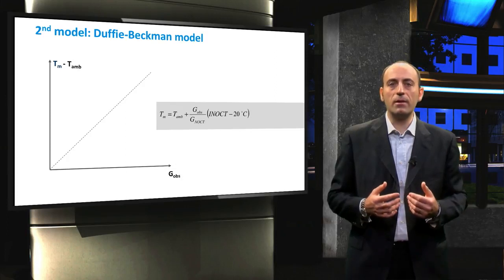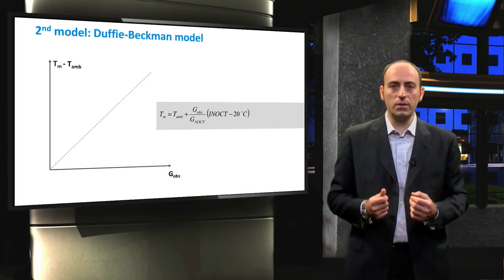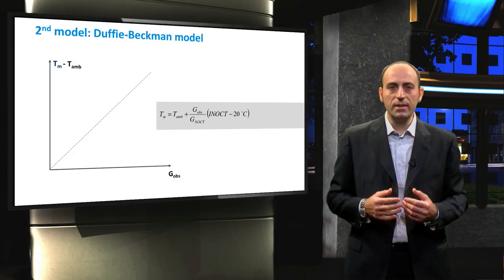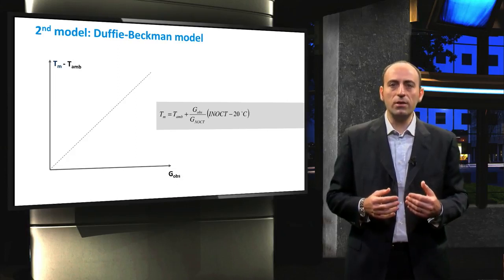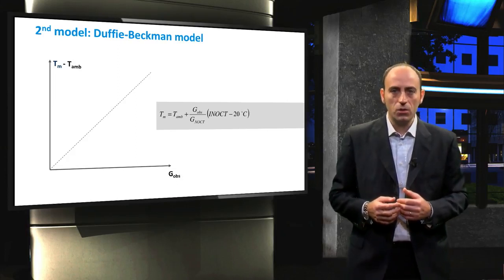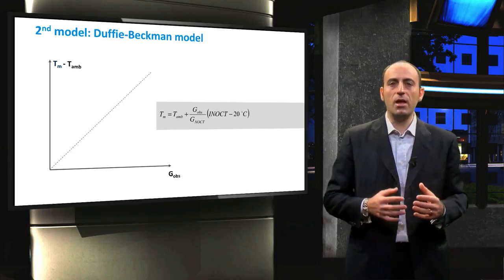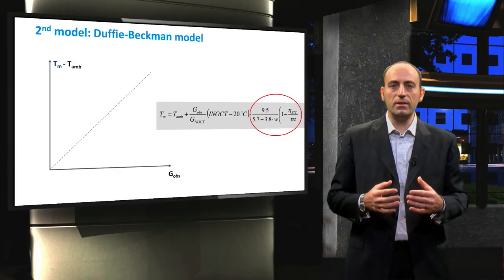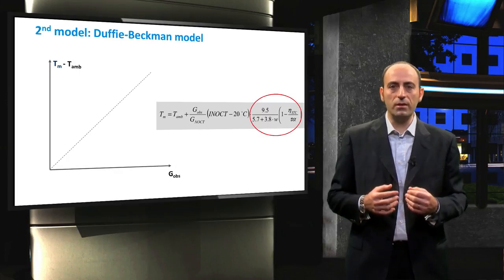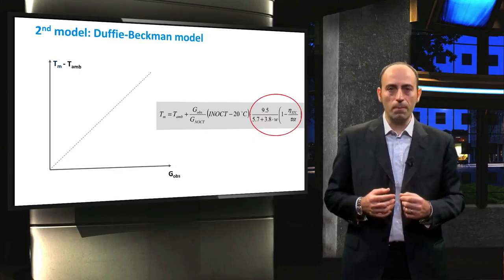Therefore, Duffie and Beckman proposed a tweak on this empirical model, which is basically a correction accounting for the presence of wind. So, in this second thermal model, next to the basic equation, a factor was added that is a function of the wind speed, indicated with the small w.